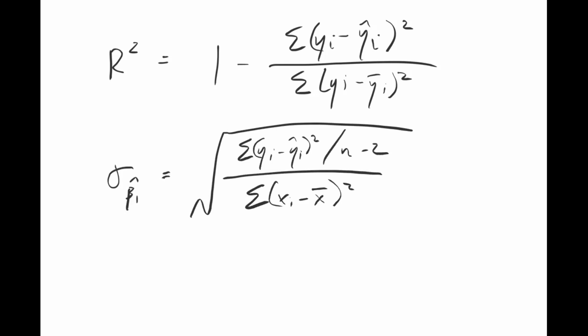Okay, so this is the equation for a standard error where n are your degrees of freedom, which refers to the number of parameters in your model. So that's like the number of betas and number of alphas.